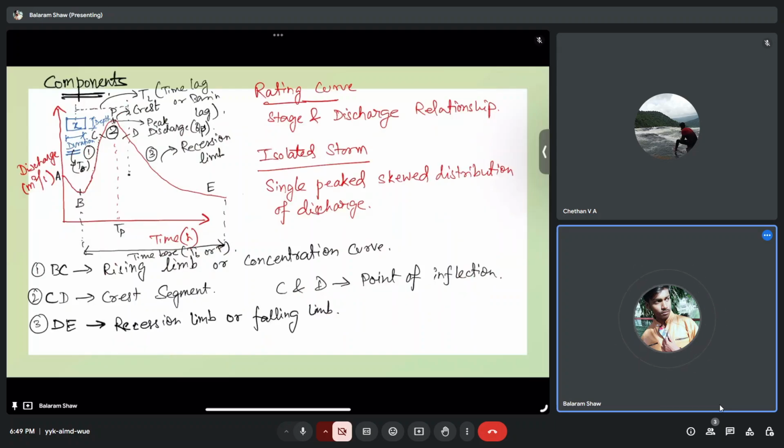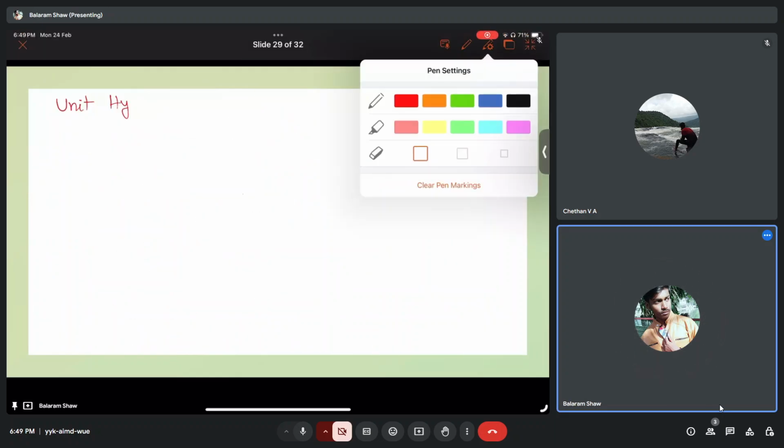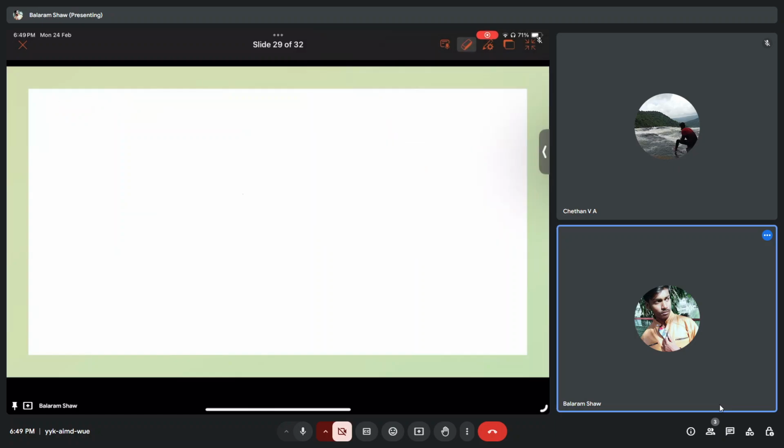I'll write it here. Both the effective rainfall hydrograph and the direct runoff hydrograph represent the same runoff volume.